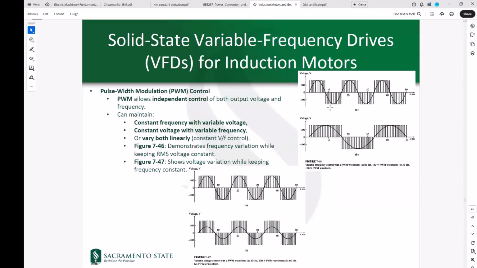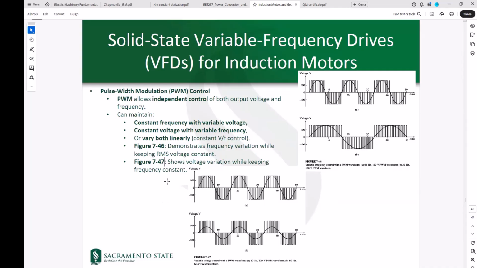So this figure 7-46 is demonstrating frequency variation while keeping the RMS voltage constant. The peak value of the voltage would be remaining constant, while the frequency is changing. Here we have a higher frequency than here. So this is 60 hertz frequency, and here we have the 30 hertz frequency.